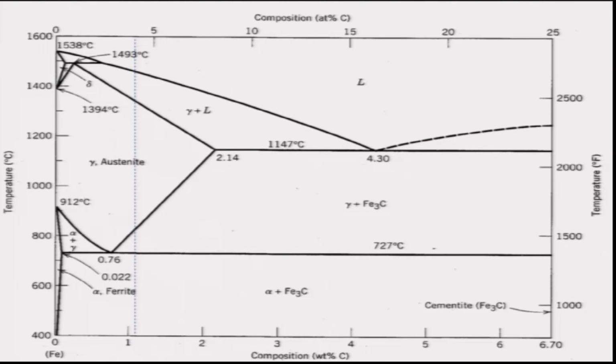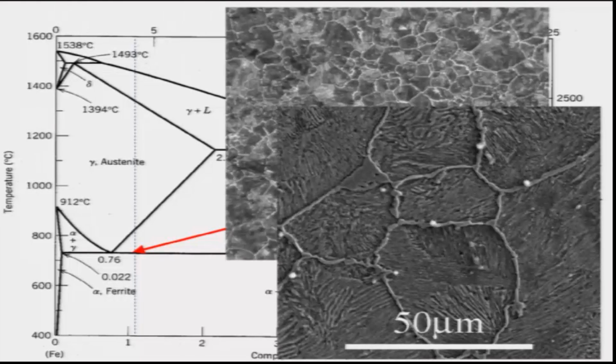Similarly, if I take a hypereutectoid steel composition greater than the eutectoid 0.8% carbon, then in this case the microstructure one would get would be cementite all along the austenite boundaries and pearlite developing in the rest of the region.